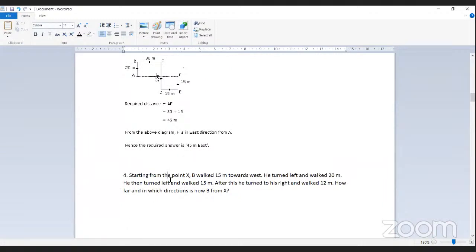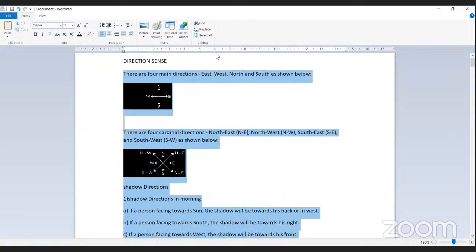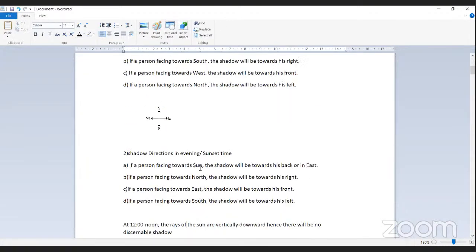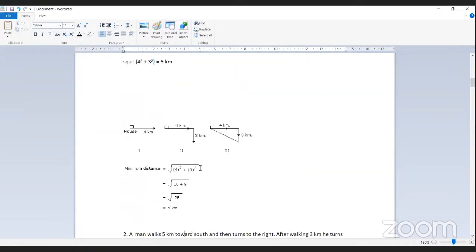Try this question. Starting from the point X, B walked 15 meters towards west. He turned left, walked 20 meters. He then turned left and walked 15 meters. Then turned right and walked 12 meters. How far and in which direction is he from X? 32 meters south.